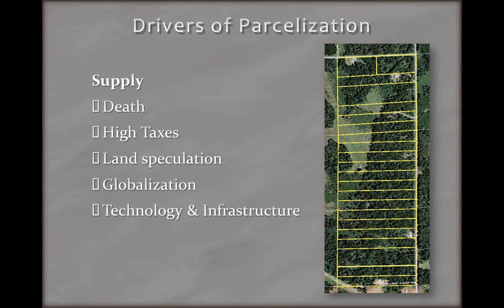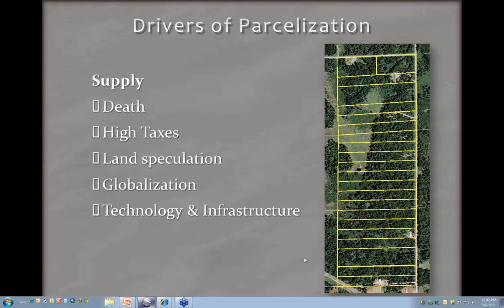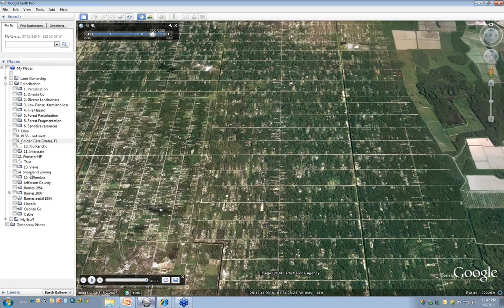And the other thing is technology and infrastructure. Technology, especially the internet, lets folks live at home, so they are not necessarily tied to a specific place of work. They can now live out in rural areas near where they want to be and work from home. The other thing I want to show you and talk about is infrastructure. The interstate highway system has really led to a lot of rural parcelization and rural development.